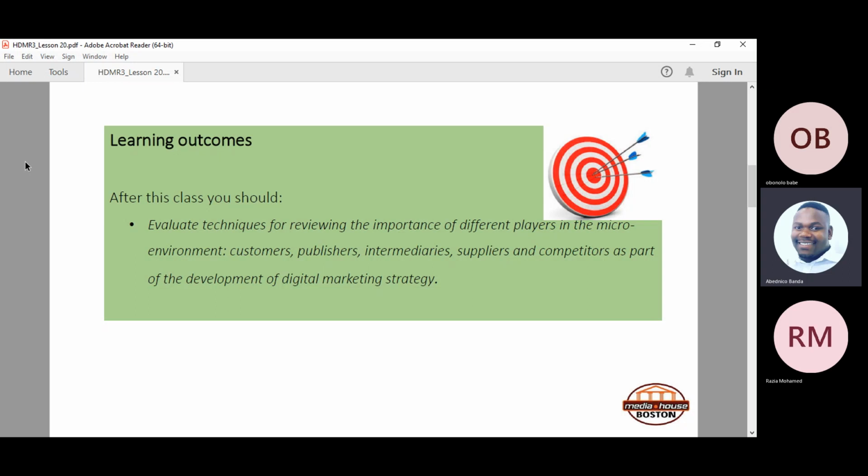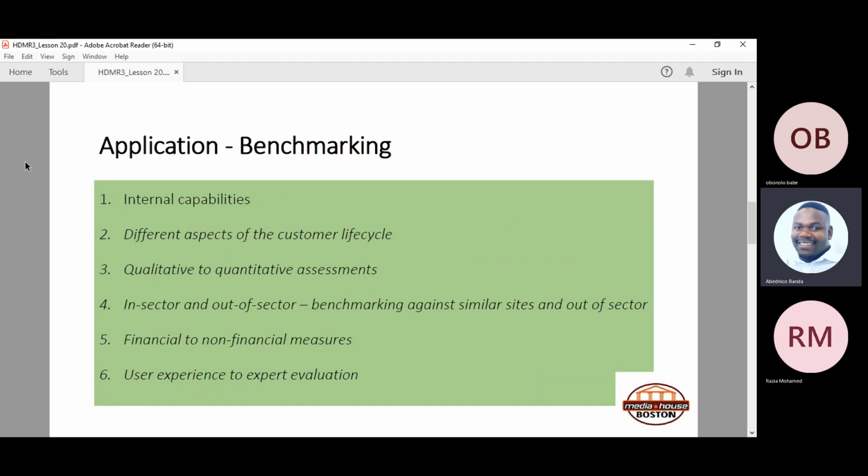Or you might end up doing something that has already been done by them. So that's another reason why we need to analyze the competitor.